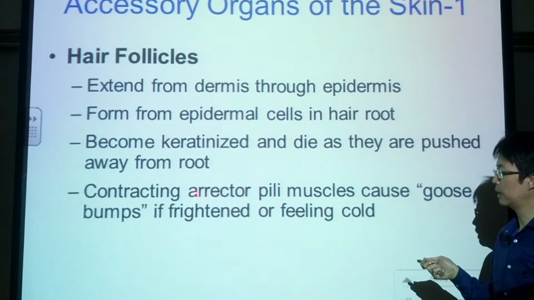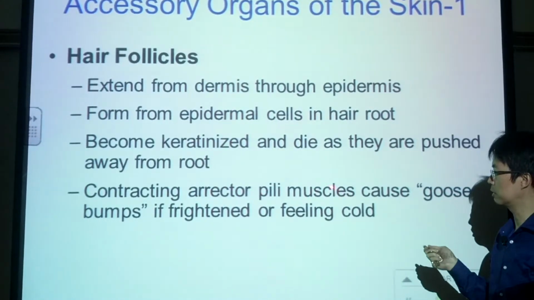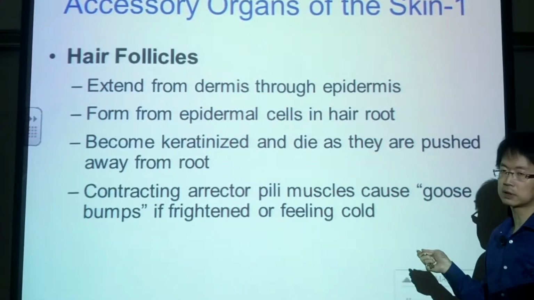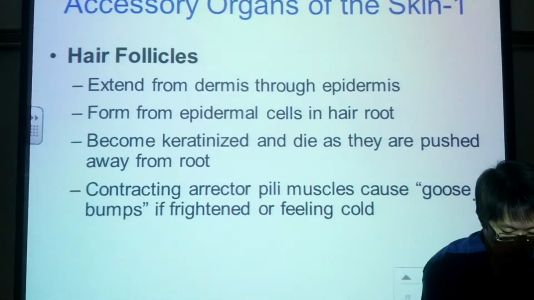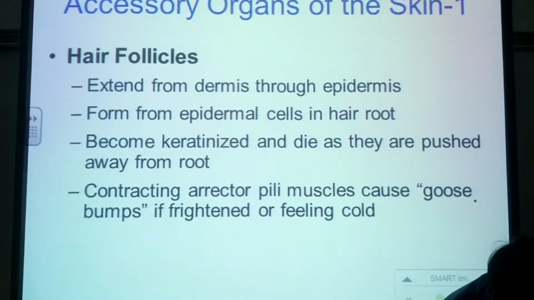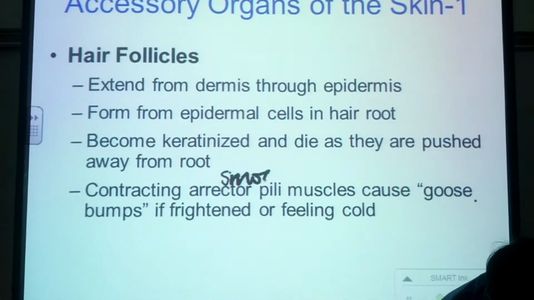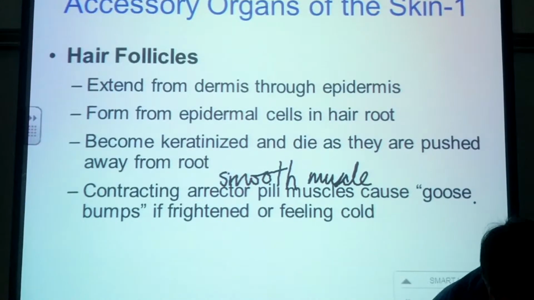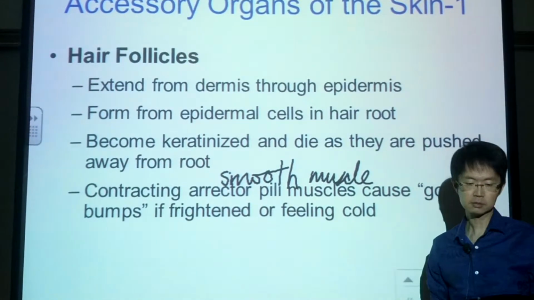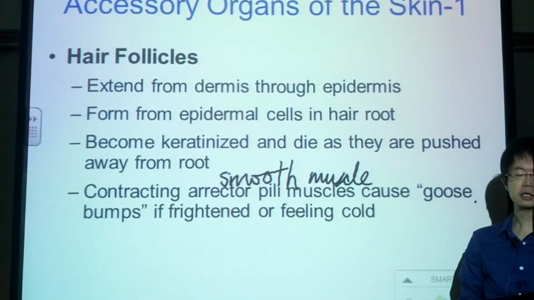Then you have something called erector pili muscle. Erector pili muscle is a form of smooth muscle. They are an example of smooth muscle. They are under the skin.